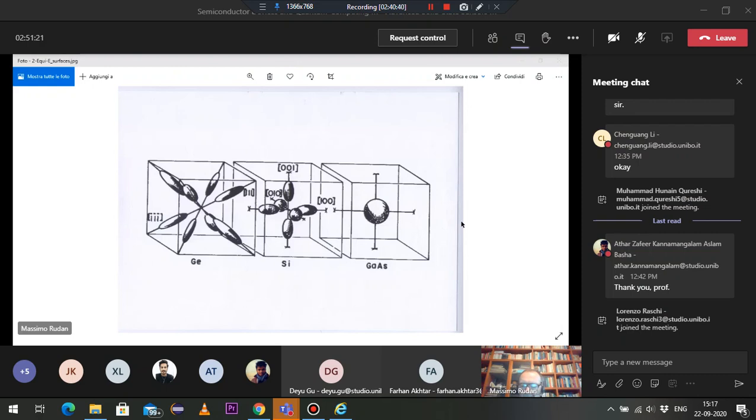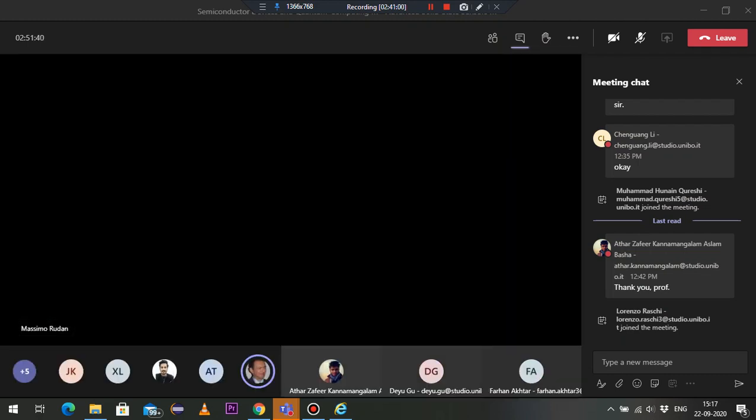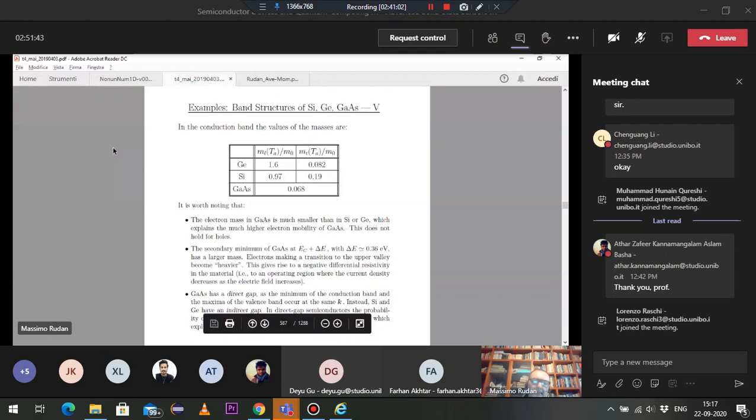Let's have a look at the numbers. In this table, you can see the values of the longitudinal and transversal mass for germanium and silicon.